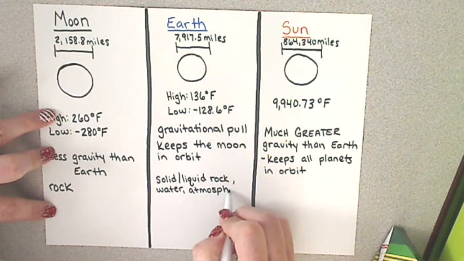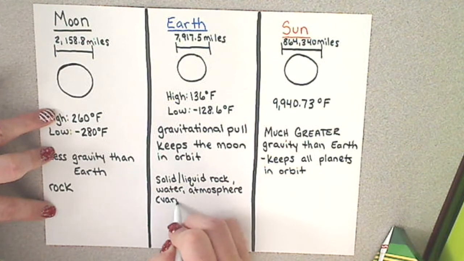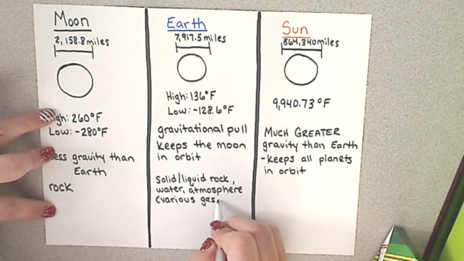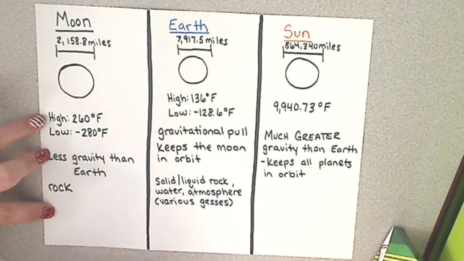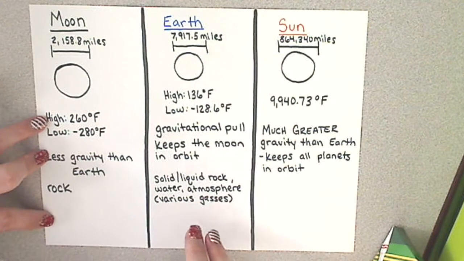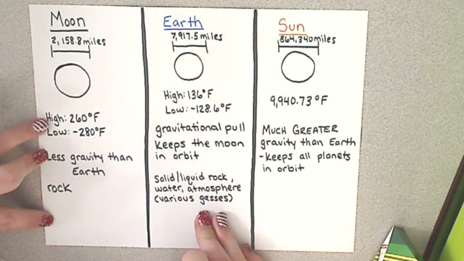And the atmosphere is simply various gases. Okay. So we go from something very, very simple, rock, to solid and liquid rock, water, atmosphere, various gases.